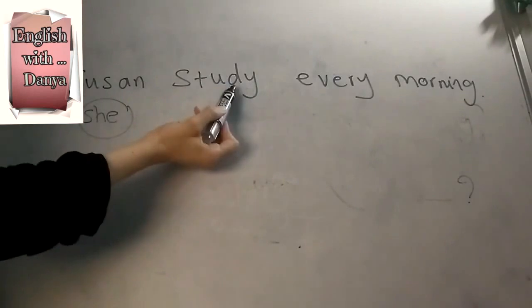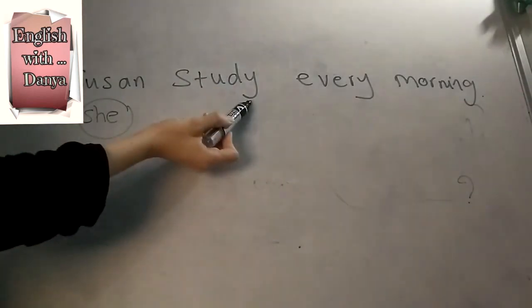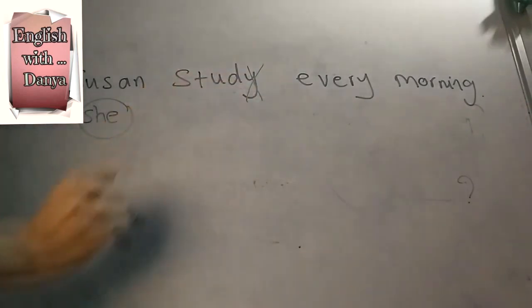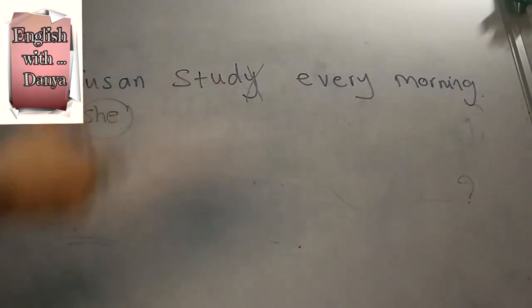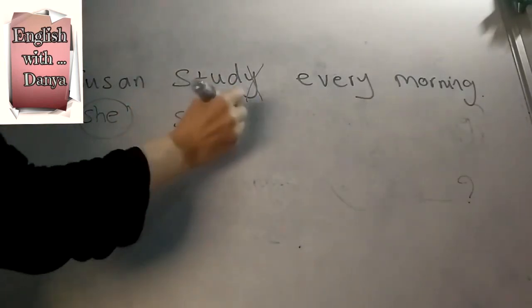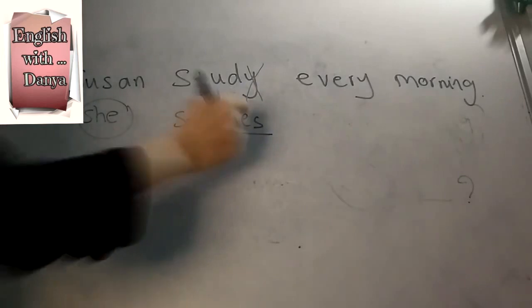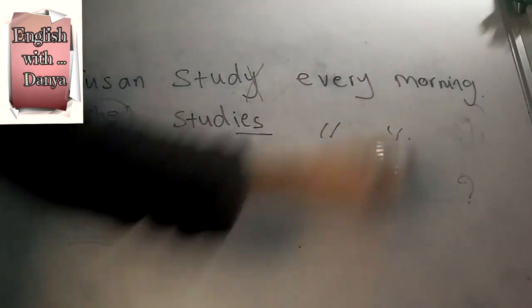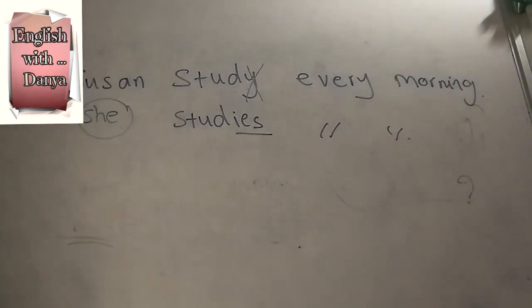The last two letters are consonant followed by Y. So in this case, we need to cancel Y and add IES. So it will be studies every morning. All right, so this is the sentence.